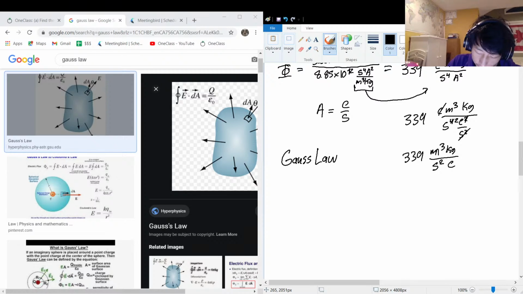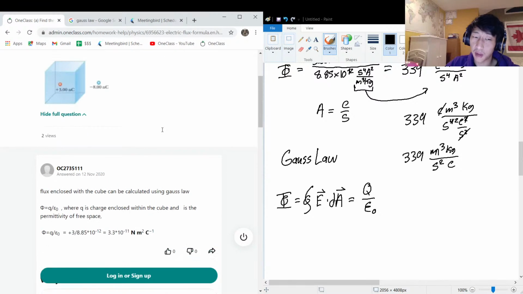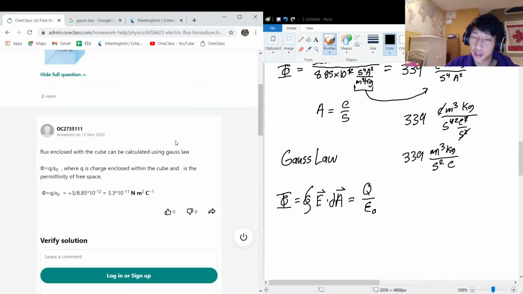Gauss's law is that the flux is equal to the surface integral of the electric field with respect to the differentially small area, which is equal to Q over epsilon naught. And now to find the electric field, we would need to know about the surface.